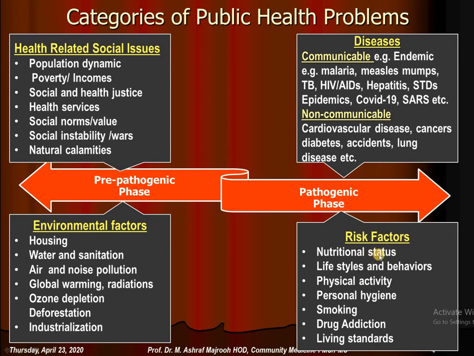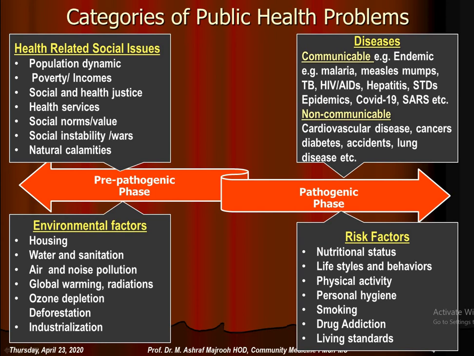These are the nutritional status of the individual and the community, lifestyles and behaviors, physical activity of the person, personal hygiene, smoking, drug addiction, and living standards. All these factors potentiate more specifically the non-communicable diseases as well as the communicable diseases.